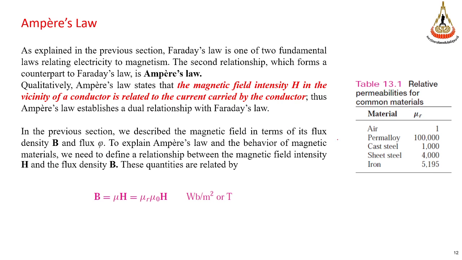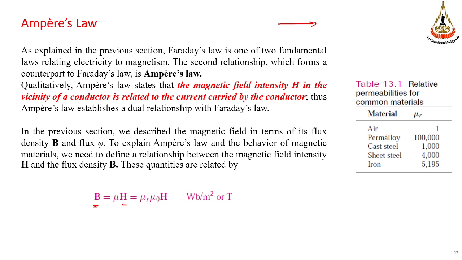It's dependent on the permeability of the material. If the magnetic field passes through different materials, you will have different permeability. The intensity is a force, and it depends on the medium that the magnetic field passes through.